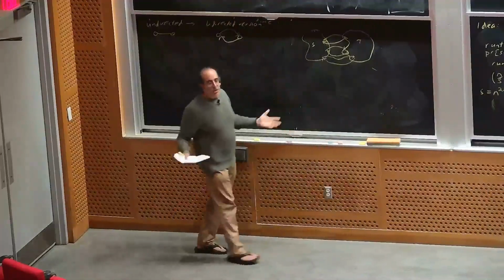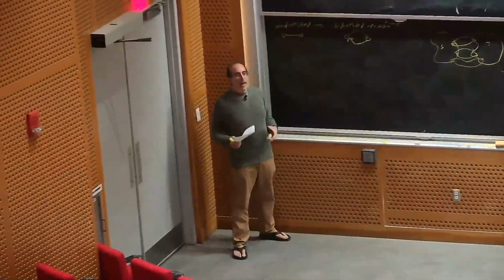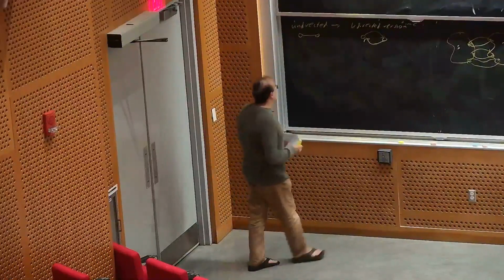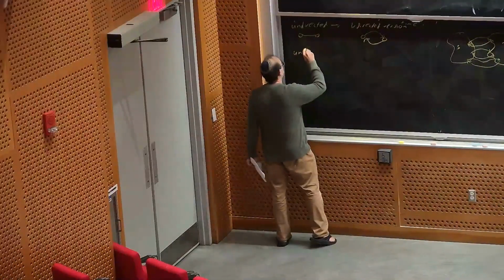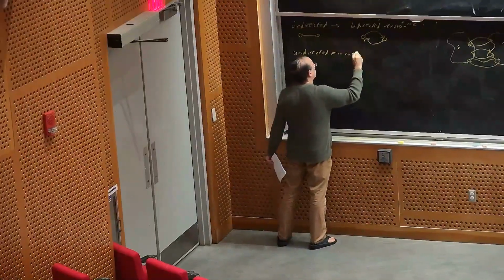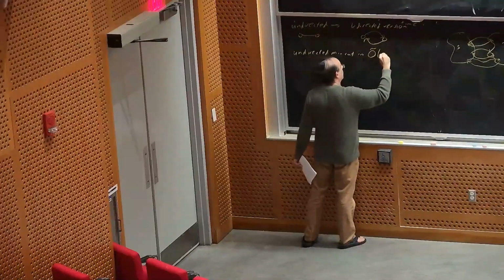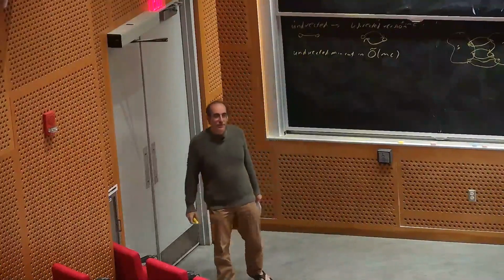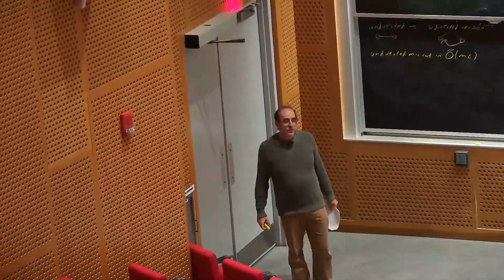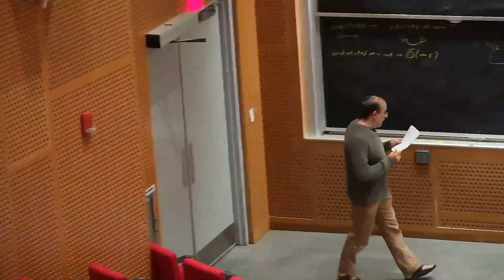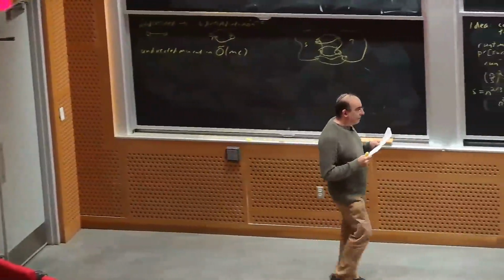So this just says that my directed min cut algorithm can be used to solve undirected min cut, and the runtime is the same. Everybody buy that? Okay, so now that's just a black box for us.